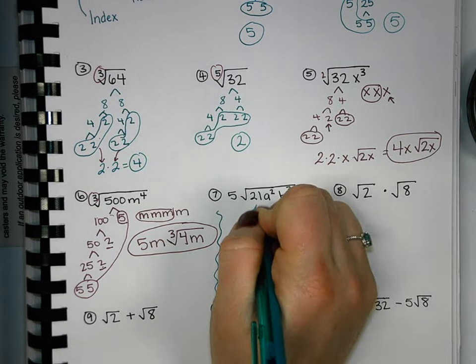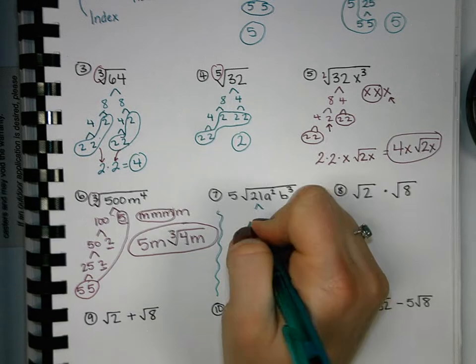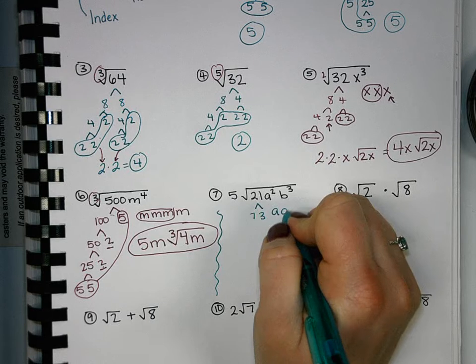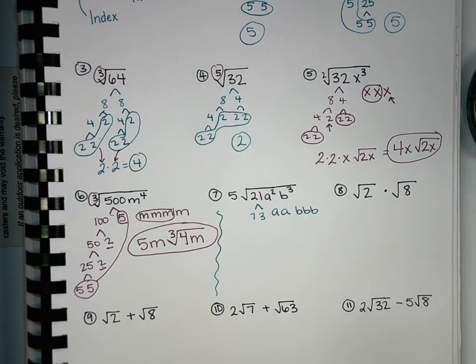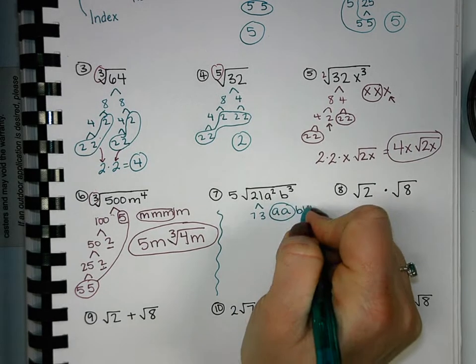So let's start with breaking apart 21. 7 and 3. And then we have 2 A's and 3 B's. So how many am I looking for in my group? 2. So do I have any groups of 2? We have 2 A's and 2 B's.